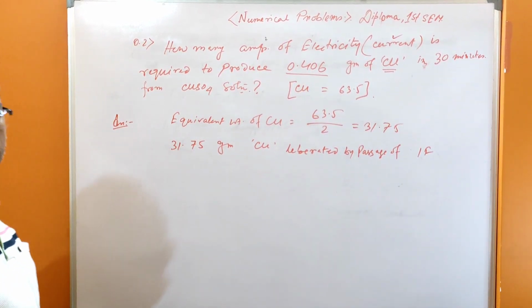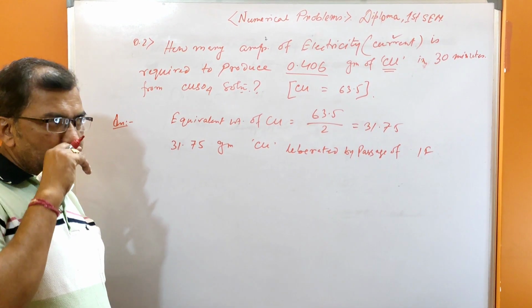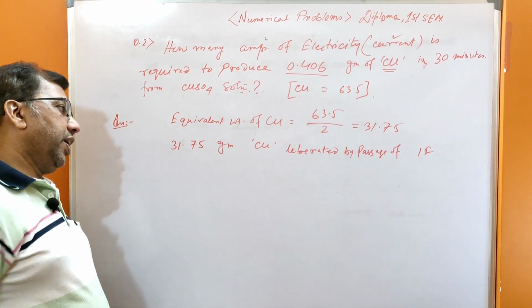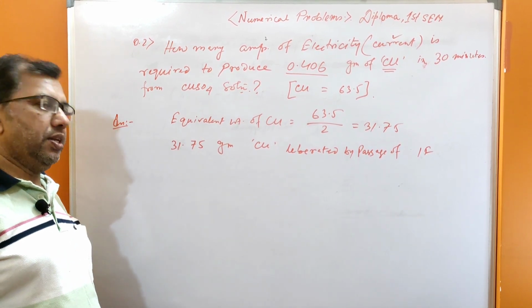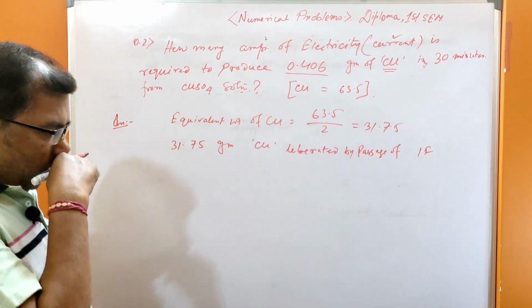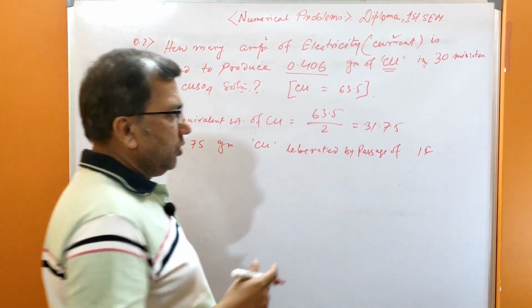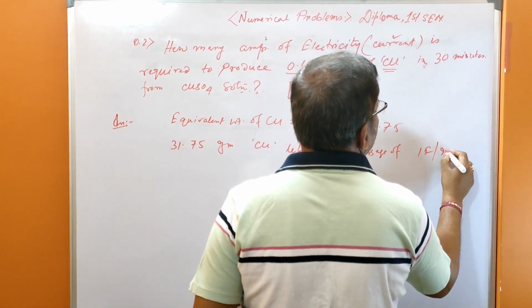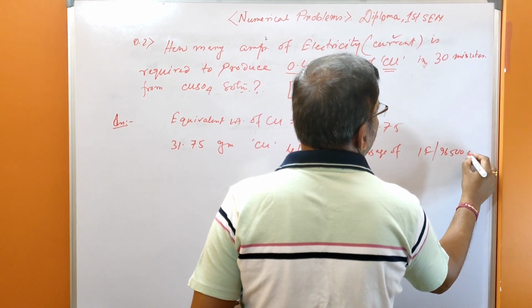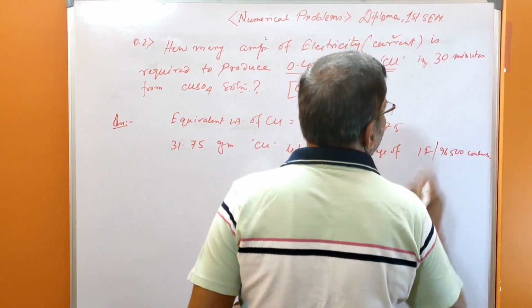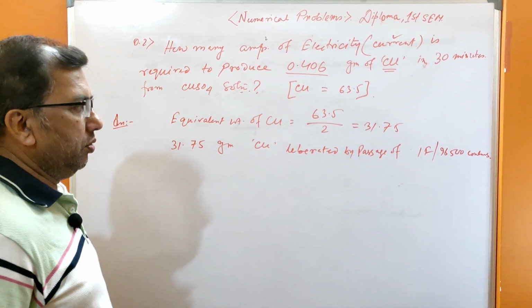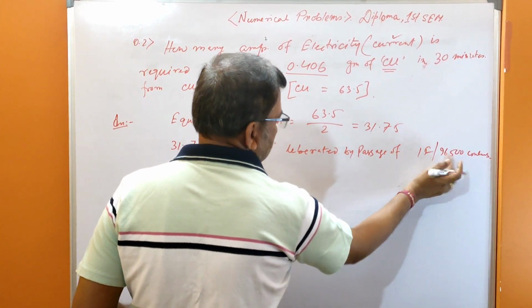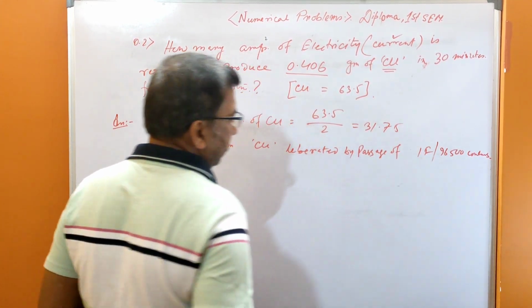Just like the previous sums, 1 Faraday you can write as 96,500 coulomb. Okay, or the same thing, whatever you like.